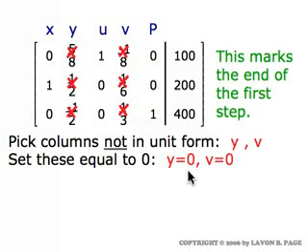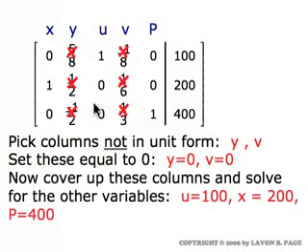So I'm going to set Y equal to 0 and V equal to 0, and then I'm going to simply cover up those two columns. So in your mind's eye, cover up the Y column, cover up the V column, pretend those columns aren't even there, and think about what equation would be represented by each of the rows of the matrix.